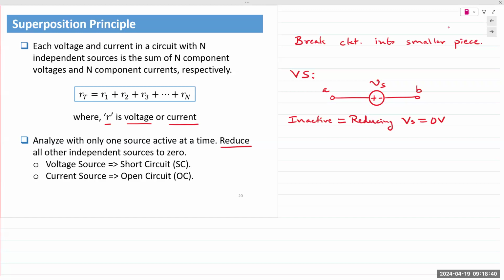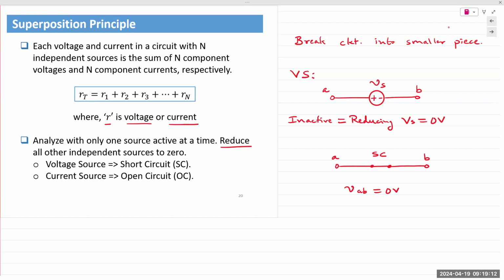And so we remove the voltage source and we connect a short circuit wire, SC, between the 2 points. So now if you measure VAB, it is 0. That's it. You replace the voltage source with a short circuit.